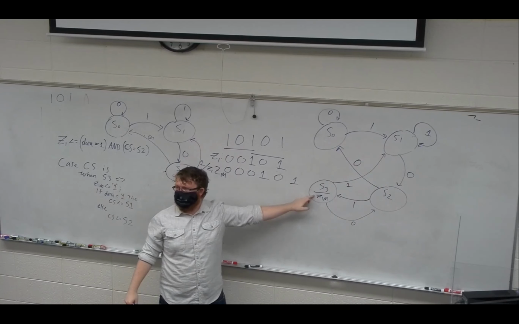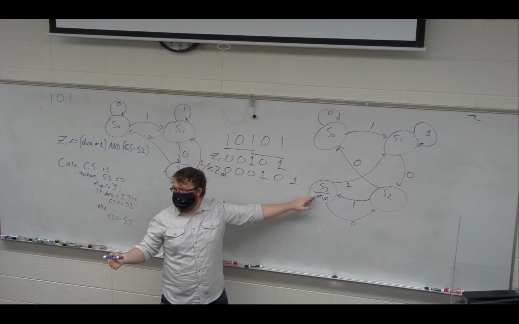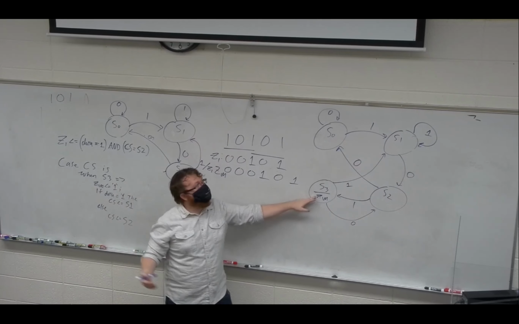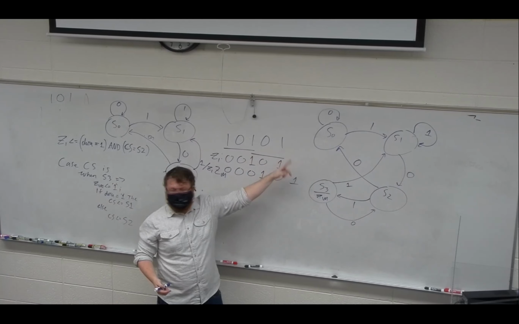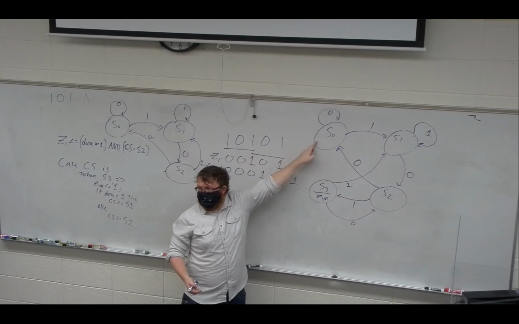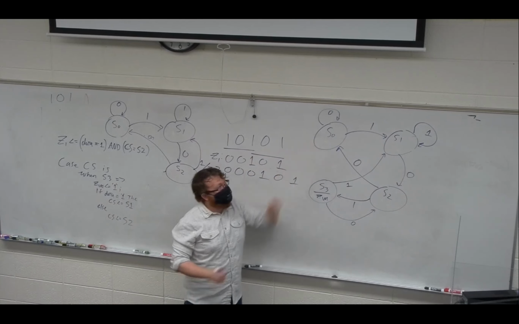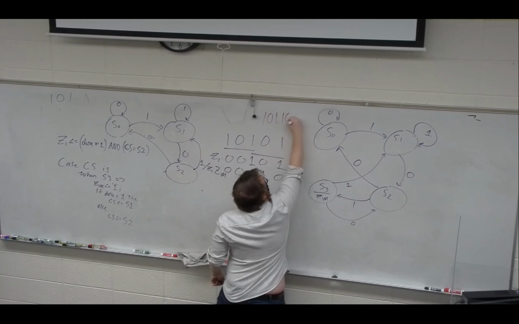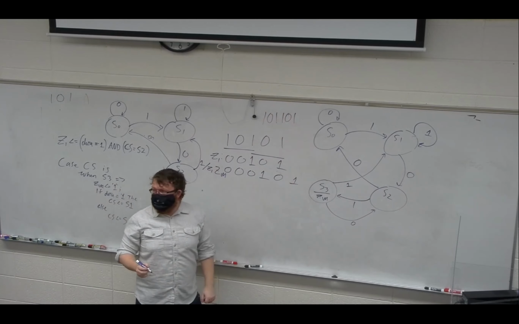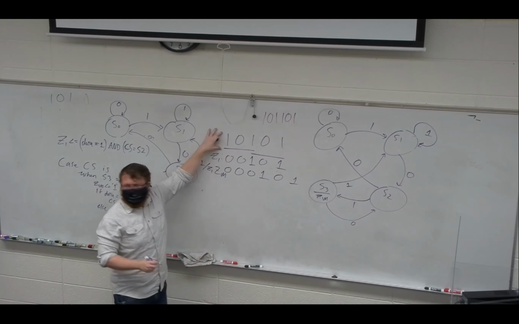We know that's true. Now I need to be in a situation where I'm ready to still detect the next 1, 0, 1. If I go back to S0 from idle, I could detect this sequence, right? But I can't detect two in this sequence.